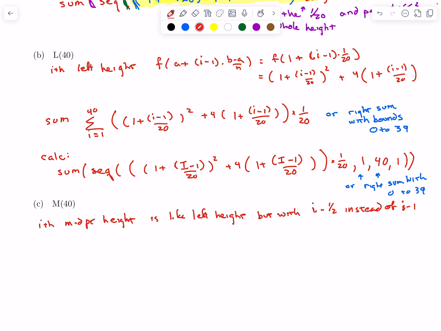Okay, so close the thing we're going to multiply by width by.